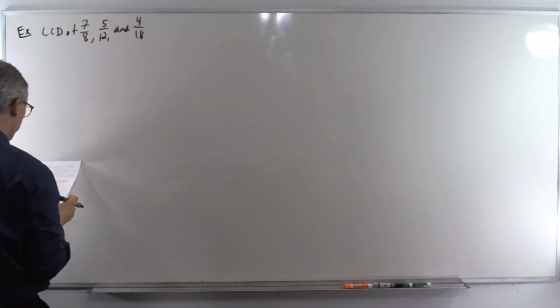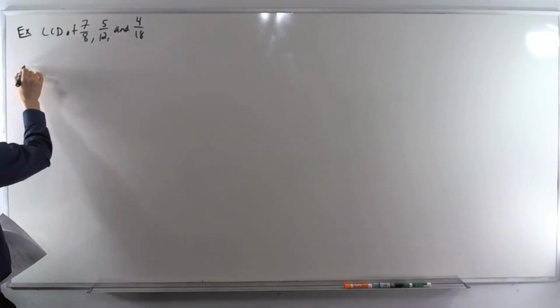We're going to find the LCD of 7 eighths, 5 twelfths, and 4 18ths.